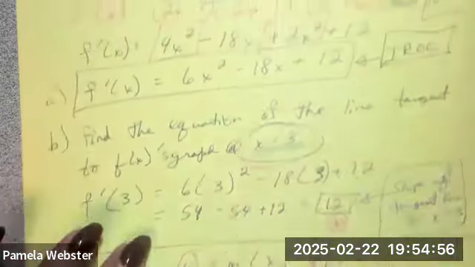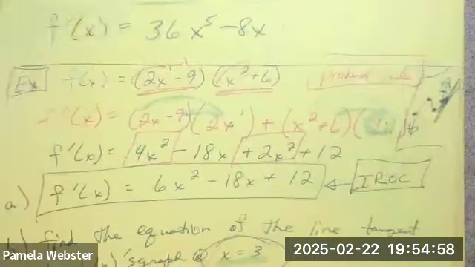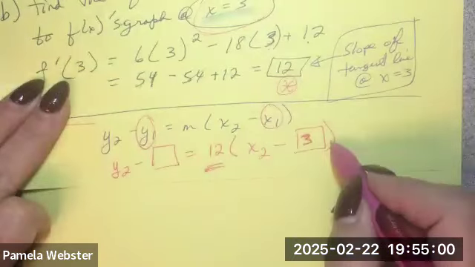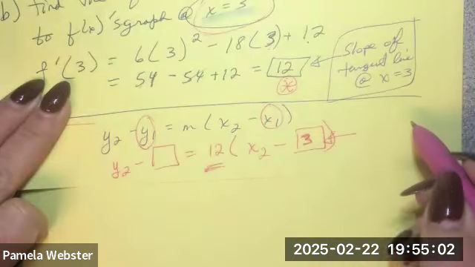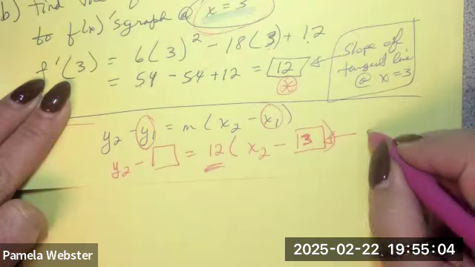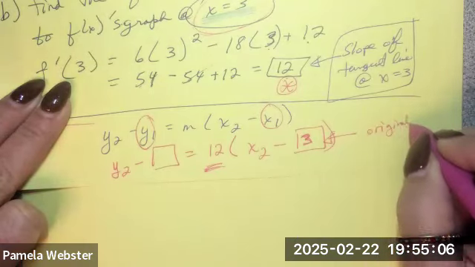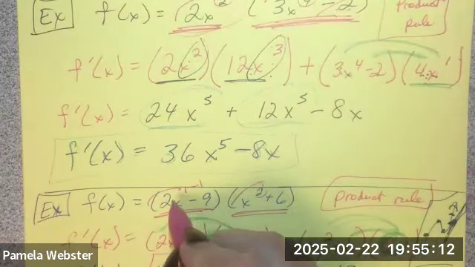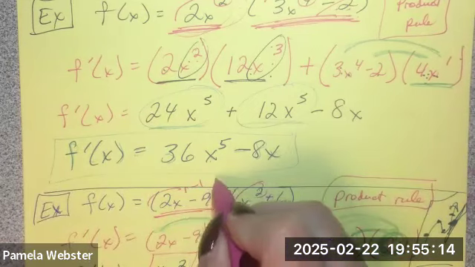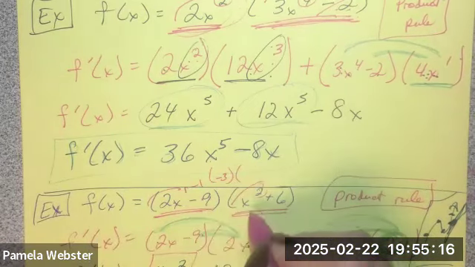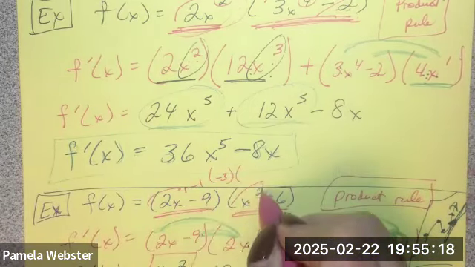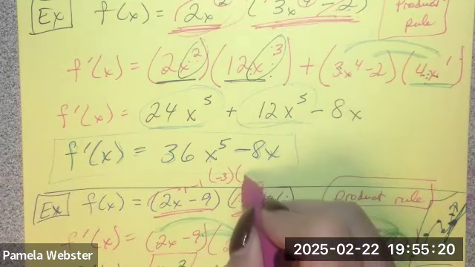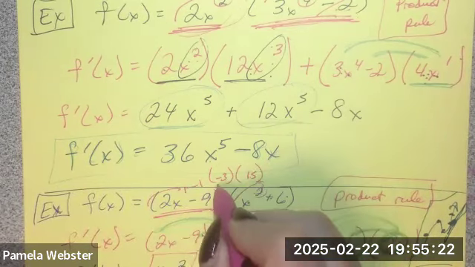All right, so let's go back to the original. This is the y-value of a point on the line, so it should come from the original function, not the derivative. So we come way back up here and we plug in 3. 2 times 3 is 6. 6 minus 9 is negative 3. 3 squared would be 9, plus 6 is 15.